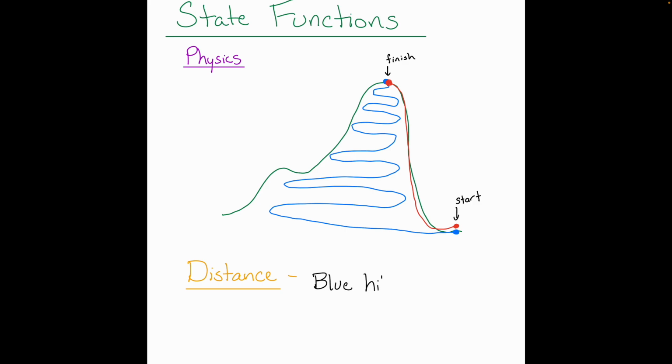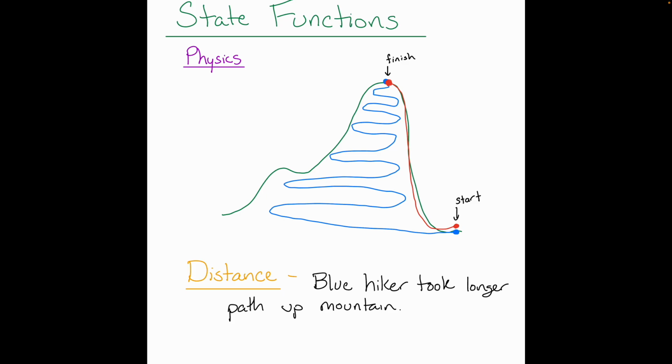So our blue hiker took the longer path up that mountain. Right? So in terms of steps made to get up there, your blue hiker took a lot more steps.